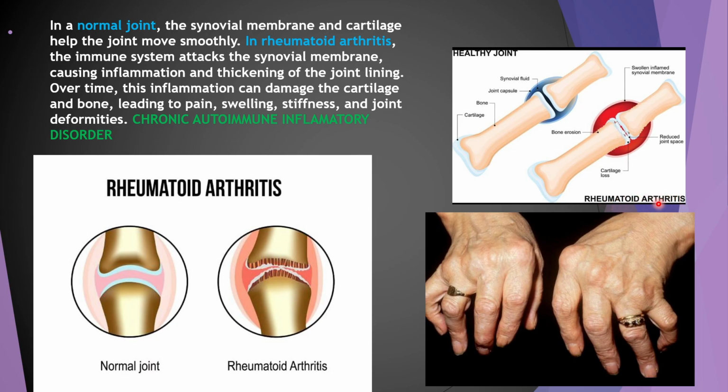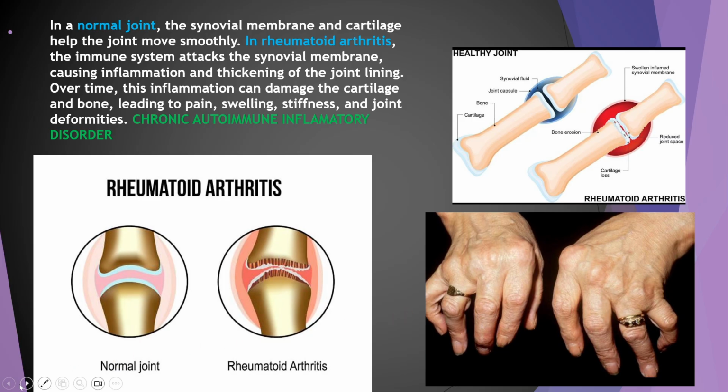The immune system attacks the synovial membrane, which causes inflammation in the joint, thickening of the joint lining, and it damages the cartilage and the bone, which leads to pain and stiffness. Or we can also say that this is a chronic autoimmune inflammatory disorder. This is how it looks in an arthritis patient.